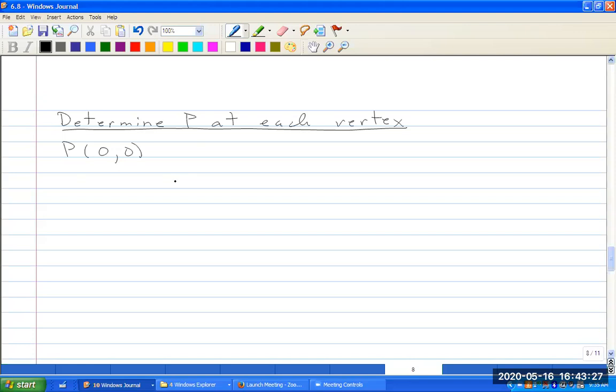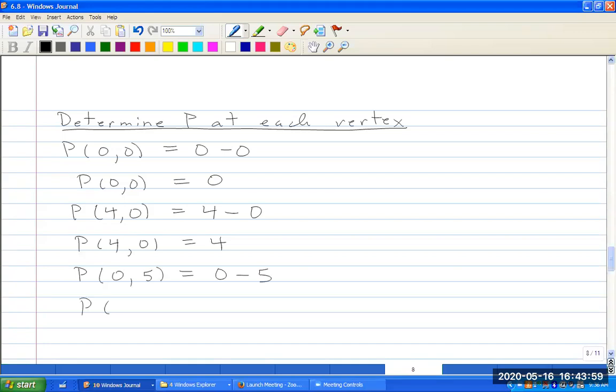And so this is just going to have a value of 0. Okay. Next, let's figure out the value at 4, 0. That's just going to be 4 minus 0. So 4. And lastly, let's figure out the value at 0, 5. So this is just negative 5.